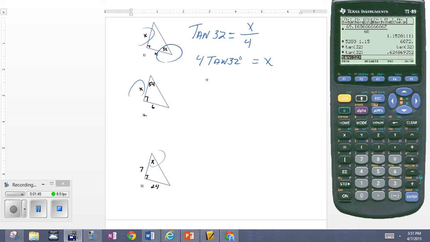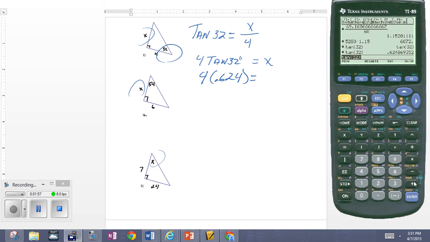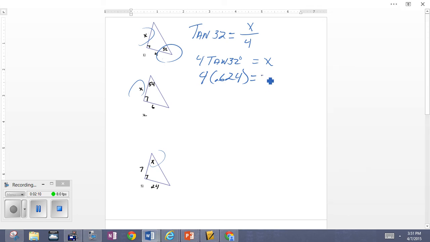So I'm going to have 4 times 0.624, and that's going to give me the x value. Let's pull that calculator back up and multiply that result by 4 and see what we get. 2.499. So 2.499 is the length of x.